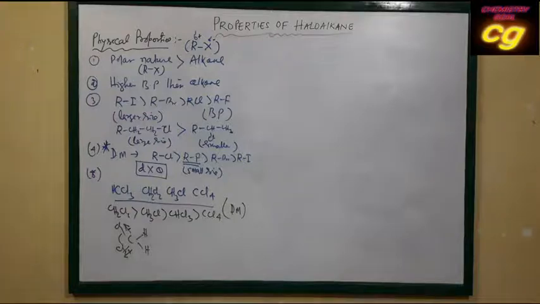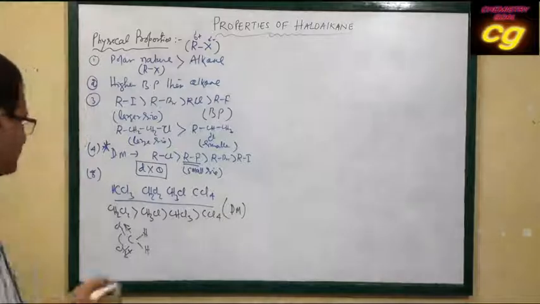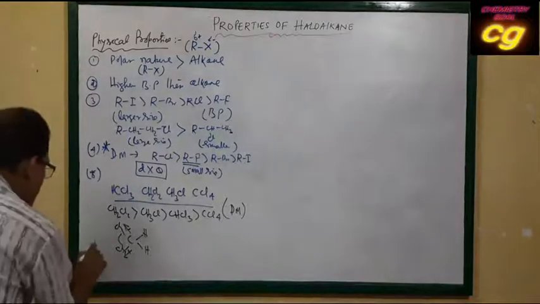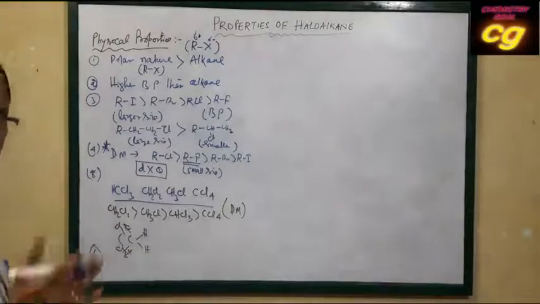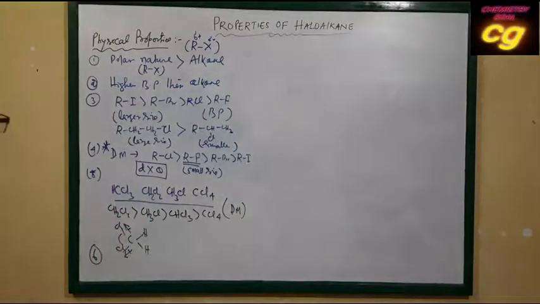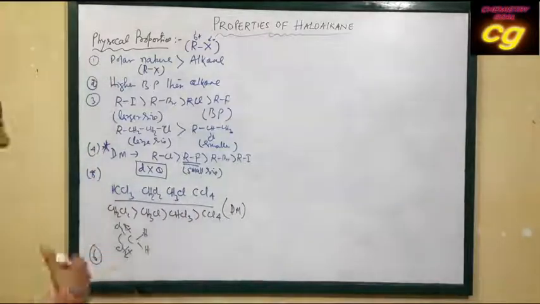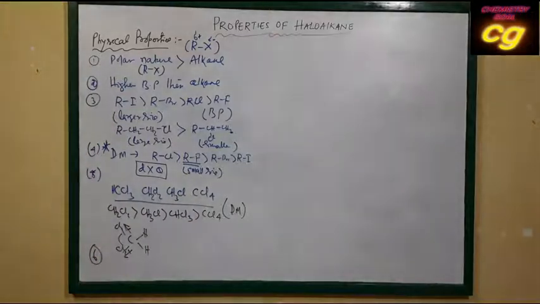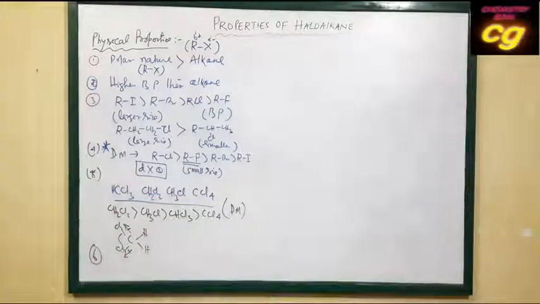Then for boiling point, if you change the halogen, as we already discussed, if the number of halogens increases, the boiling point increases.